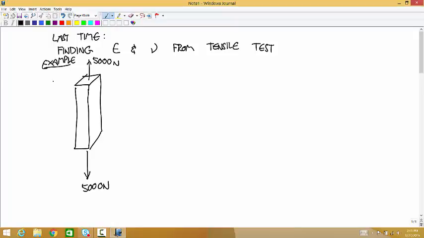Before deformation you have a length of 0.10 meters, a width in this direction of 0.01 meters, and a thickness in this direction of 0.02 meters.